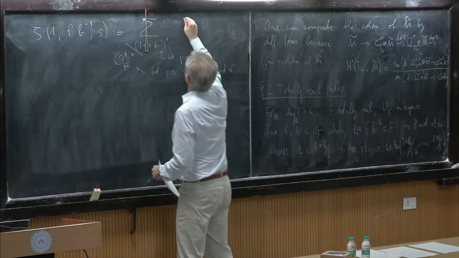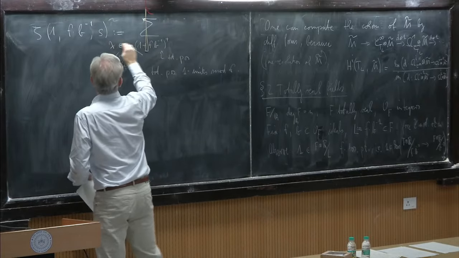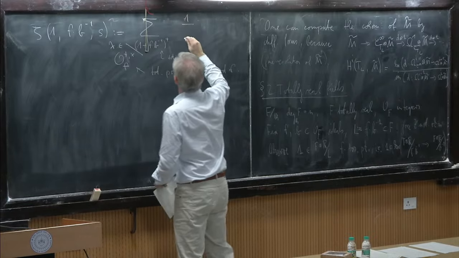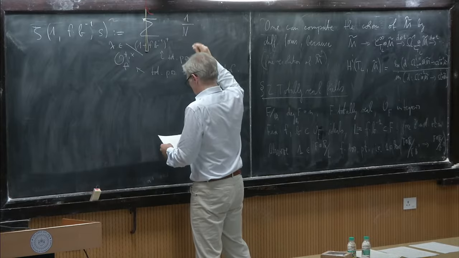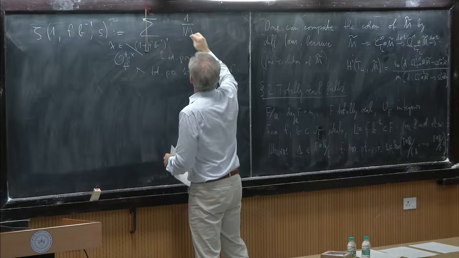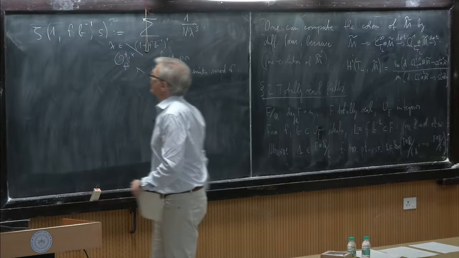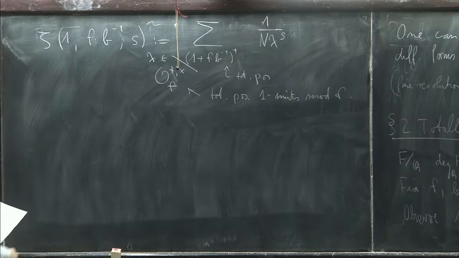And the sum is then just you sum over all lambdas in here, and you take 1 over the norm of lambda to the s. Yeah, that's a zeta function which comes up.